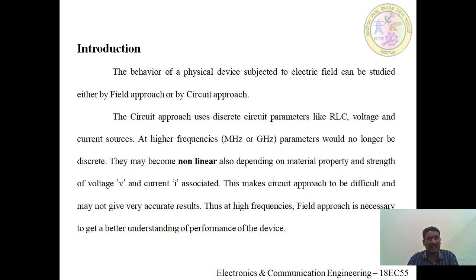At higher frequencies, in the megahertz or gigahertz range, parameters no longer remain discrete.